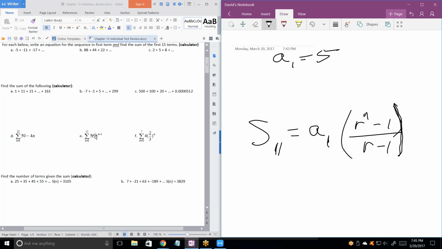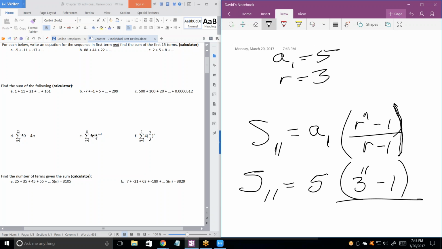Times 3. Common R is going to be 3. Right. Okay. And that's everything we're going to need, is it not? I think so. S sub 11 equals 5 times 3 to the 11th power minus 1 divided by 3 minus 1.